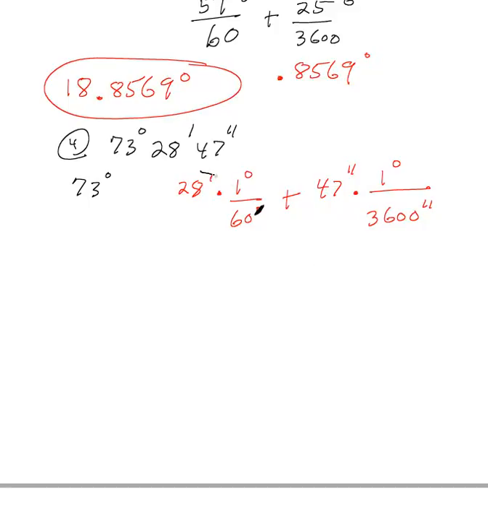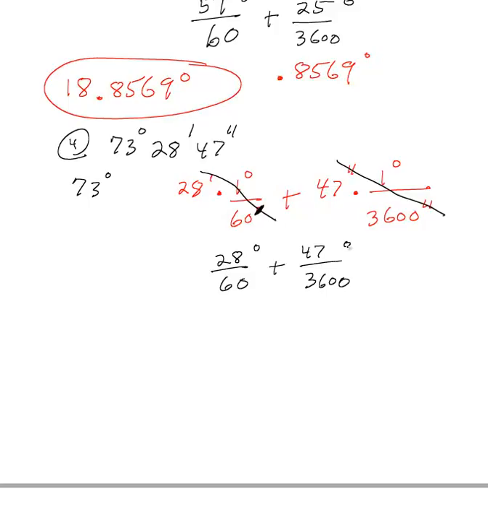So now, the minutes cancel out, multiply. I'm left with 28 over 60. And again, the only symbol you have there is the degree. And then over here, my seconds cancel out, and I'm left with 47 over 3,600. And again, that's degrees. Add those two together.